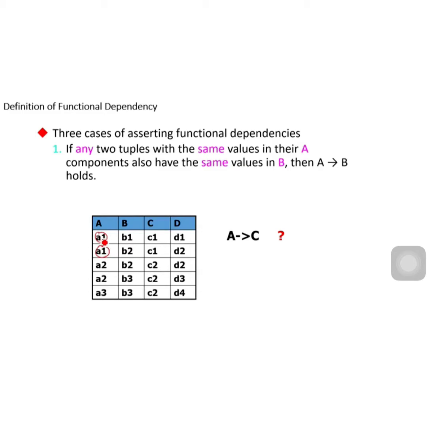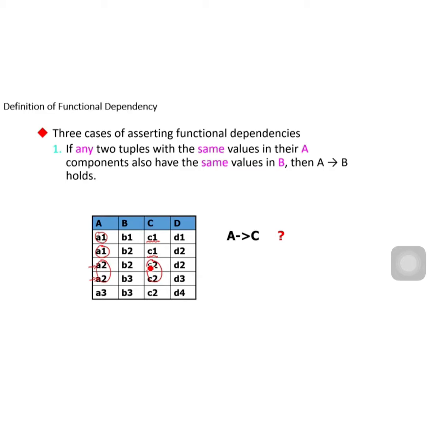These two tuples have the same value A1 in A, and they also have the same value on C. And these two tuples have the same value in A, and they also have the same value on C.